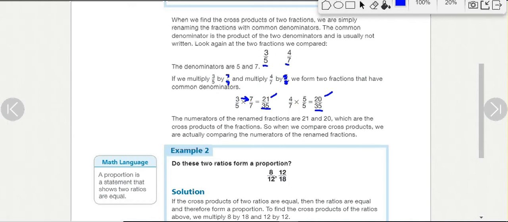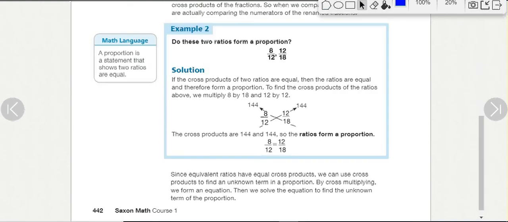So cross multiplying is really just a quick version to think of finding those common denominators, like when we would have to compare fractions that weren't very obvious. It's kind of the same, kind of doing a lot of the same things. Our cross products are really the numerators should they have equal denominators.